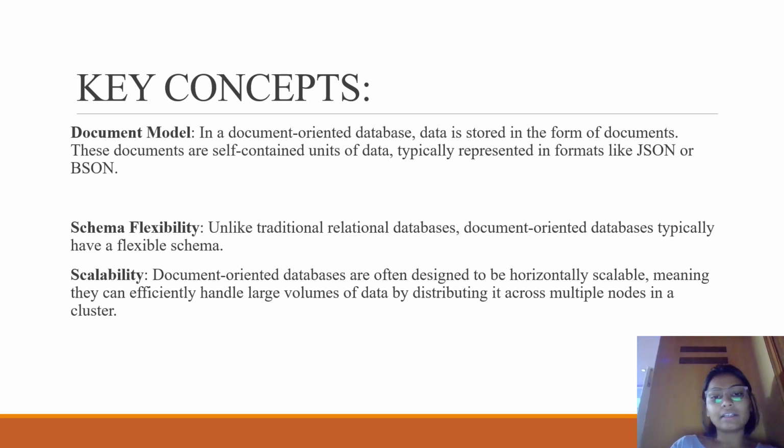Unlike traditional relational databases, document oriented databases typically have flexible schemas. Scalability: document oriented databases are often designed to be horizontally scalable, where they can effectively handle large volumes of data by distributing it across multiple nodes in a cluster.